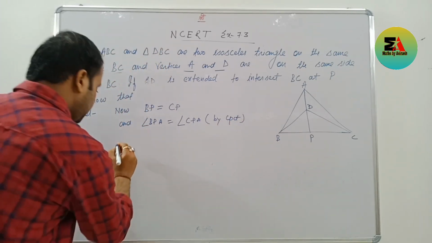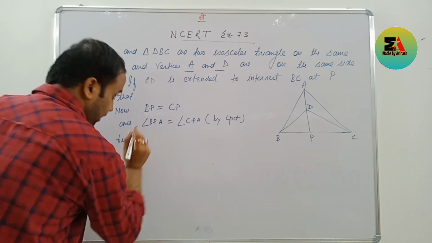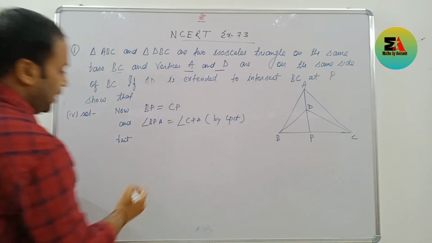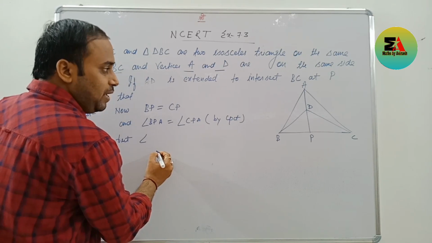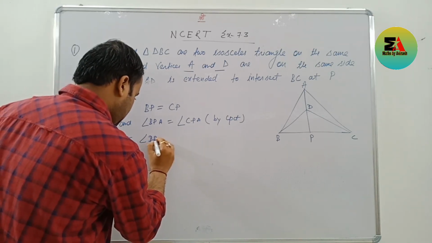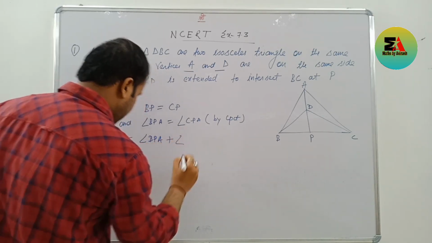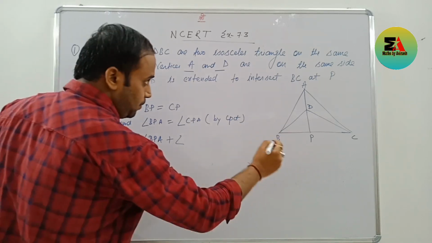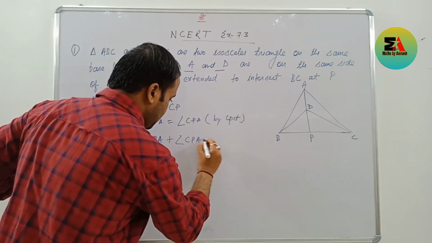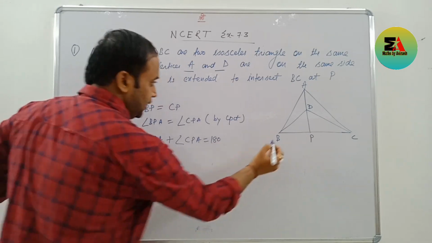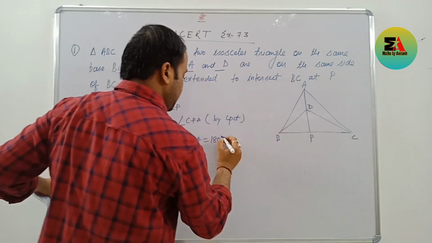But see the figure carefully. Angle BPA plus angle CPA is 180 degrees.